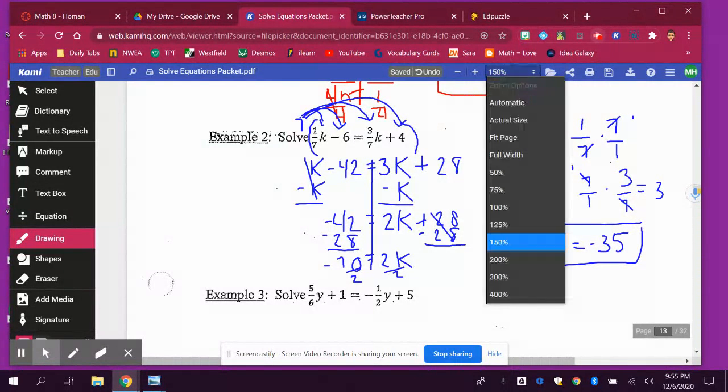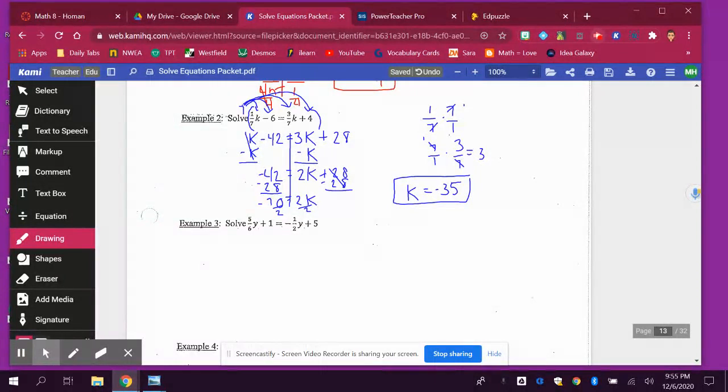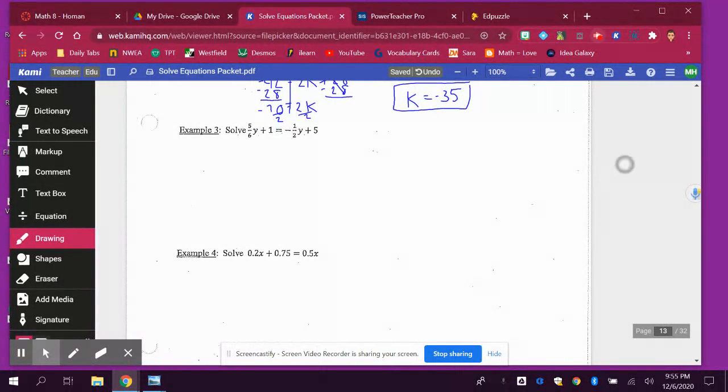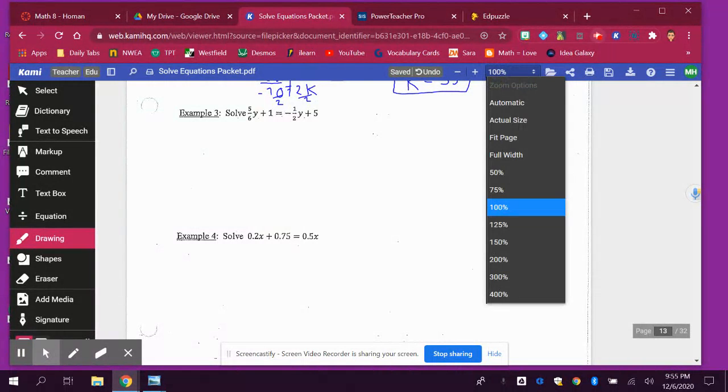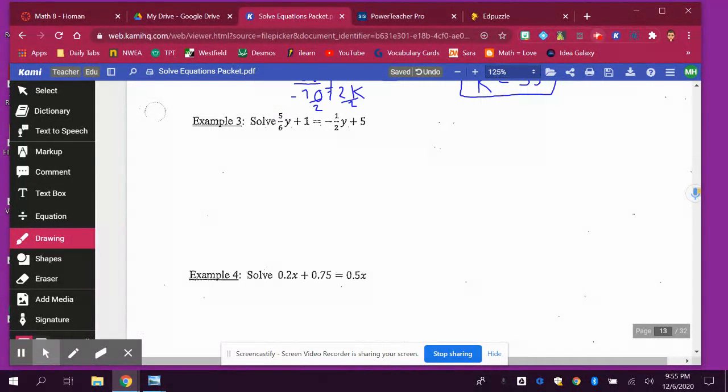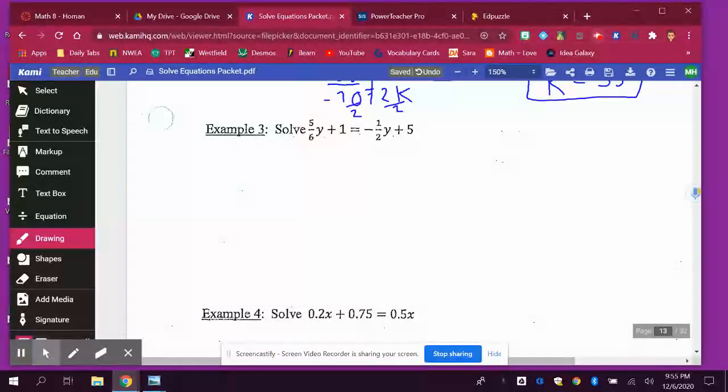Alright, so example 3 is a little different in that the denominators are not the same this time, which is okay, but it's going to make it a little different because we need to multiply now by the least common denominator, as if we were getting a common denominator for adding or subtracting fractions.